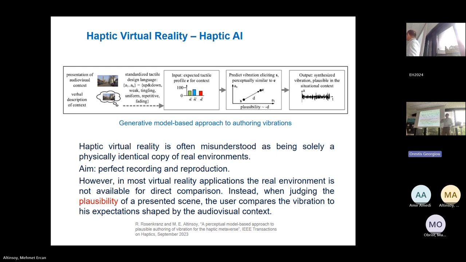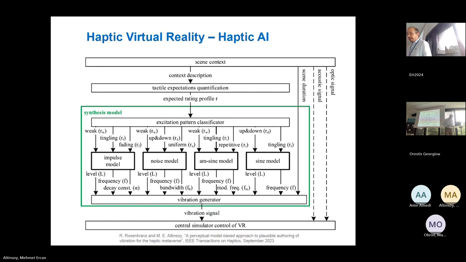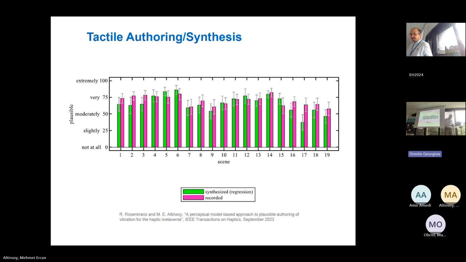In that case, you can easily notice that it shouldn't be exactly the same as the physical domain, the same frequencies. You can shift the frequencies if your actuator is not able to reproduce, for example, 20 hertz. It is possible to shift it to other frequencies if the expectations are fulfilled. It means that the labeling can function. And therefore, we try to develop models based on signal parameters and on expectations to deliver this synthesis to the reproduction systems.